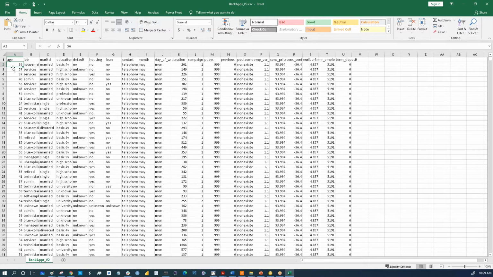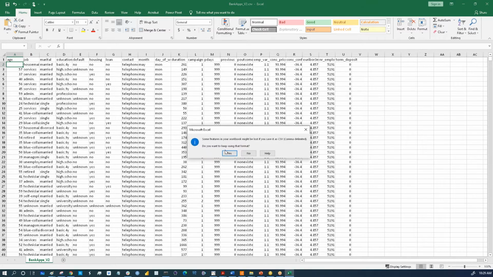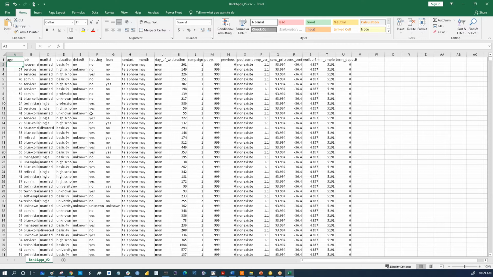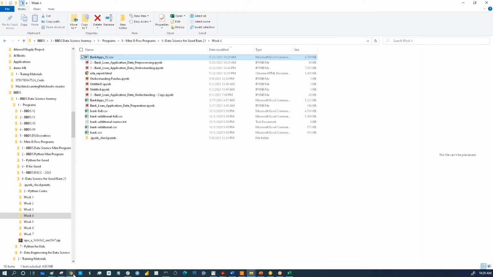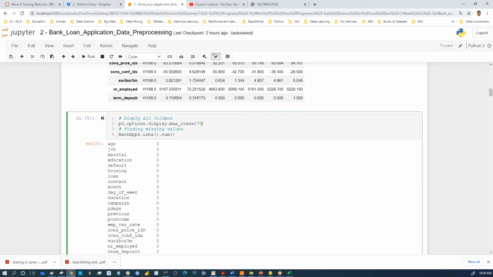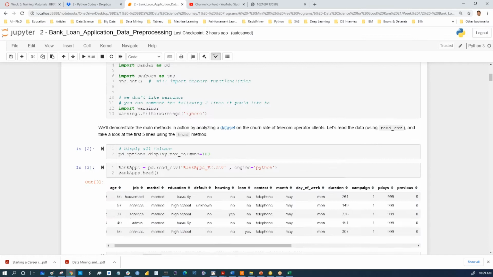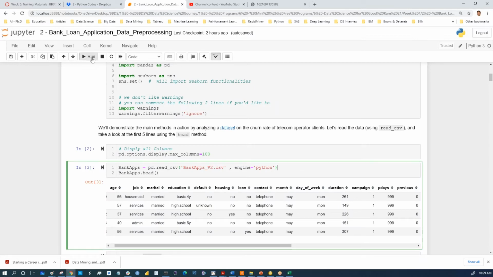I'm going to remove 56. Remember that it's 56. I'm going to save my data. You could do that also with any feature, but just remember what you did. Then I'm going to go back to the code and reload my file.